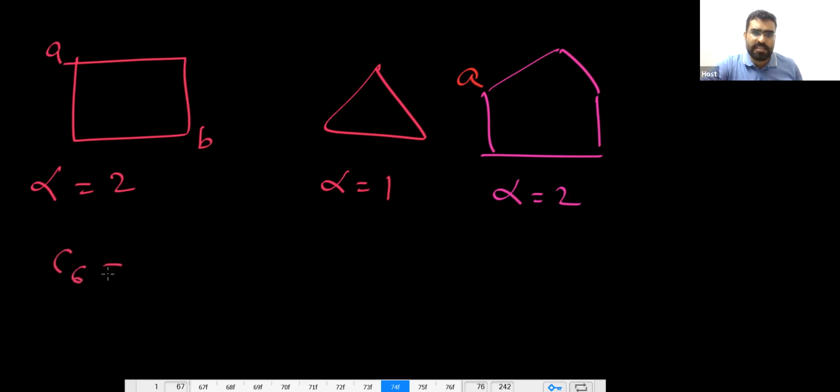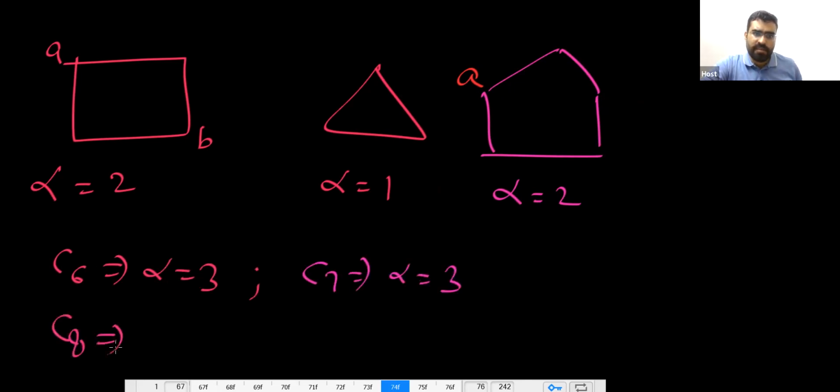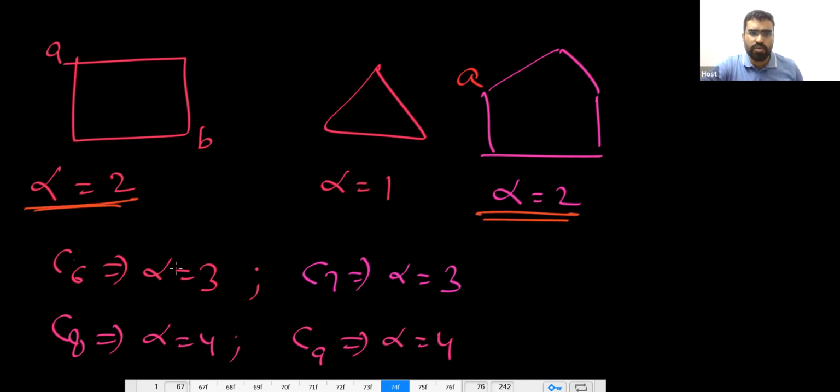And if you have C6, then alpha will be 3. If you have C7, then alpha will be 3. C8, alpha will be 4. C9, alpha will be 4. Are you getting this point? So very simple. Like here, C4, what is the answer?